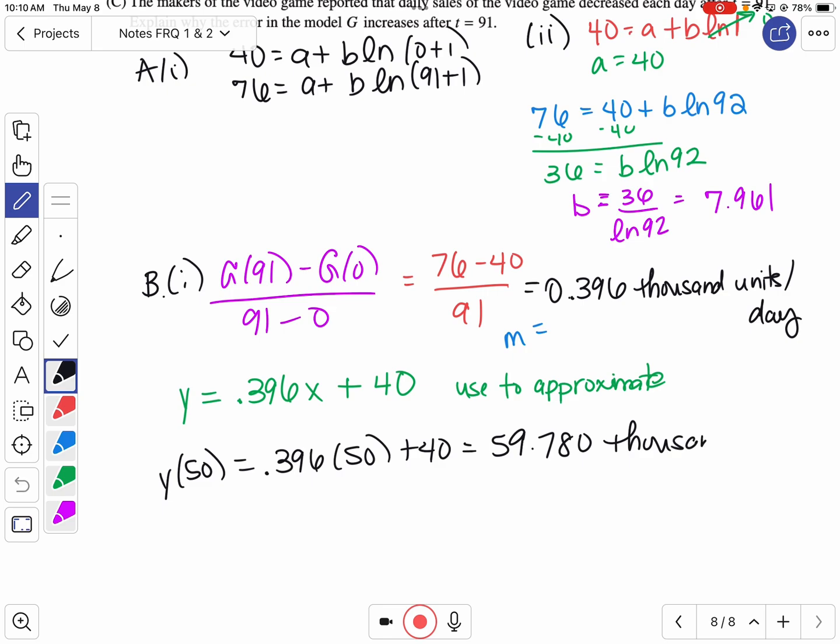And this is giving me the number of units, so 1,000 units. So that was part 2, okay? Y equals 0.396x plus 40.